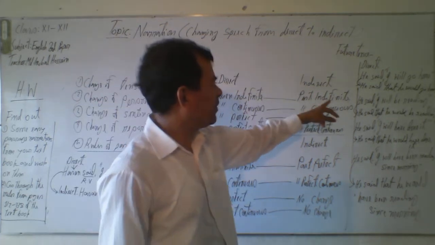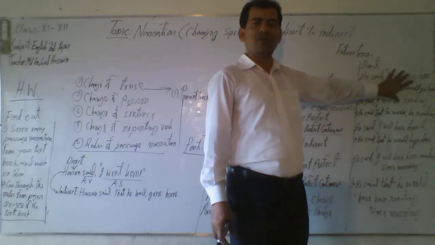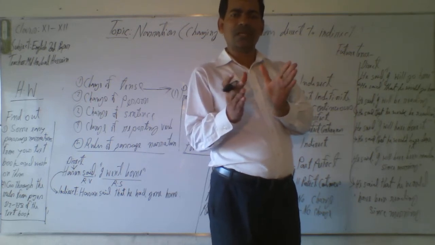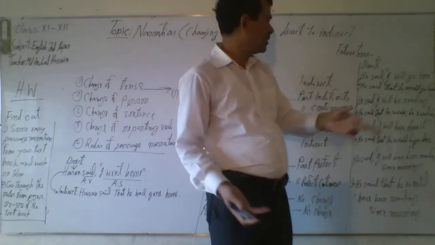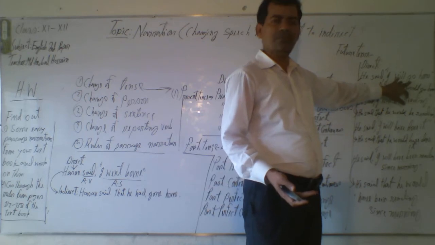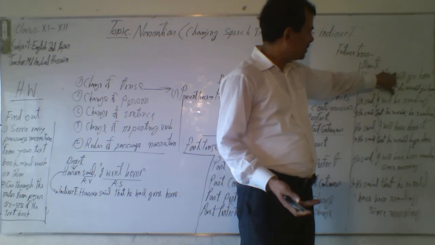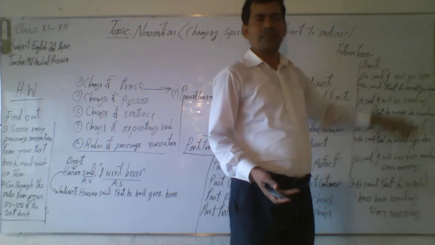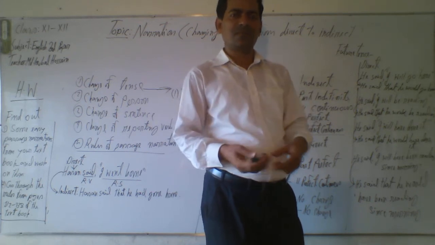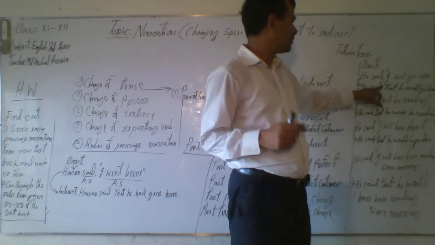Now let's talk about future tense. I have written here, in future tense you need to only change the person of the reported speech. For example, he said, I will go home. If the subject of the reported speech is first person, in indirect narration it changes into third person, remember that.